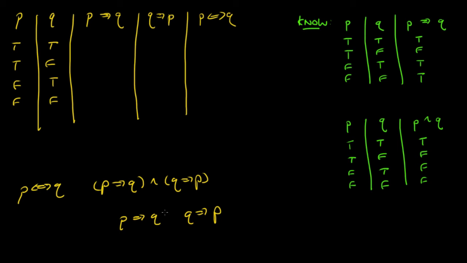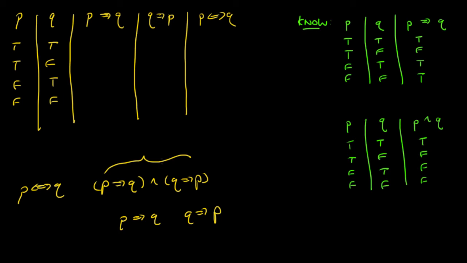So P implies Q and Q implies P have the same truth values. And that's why we can write P if and only if Q as this expression over here.